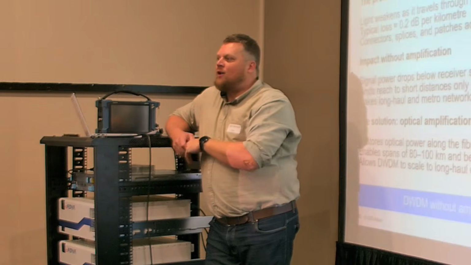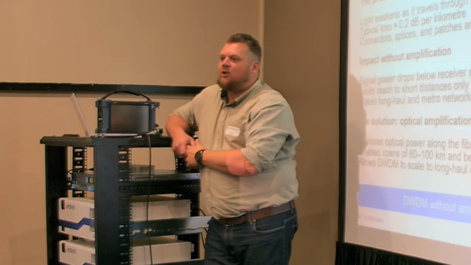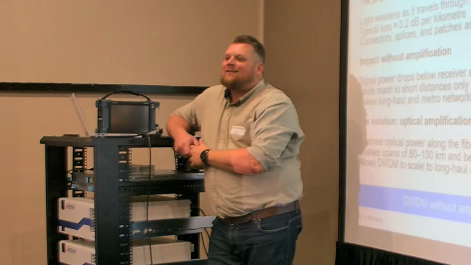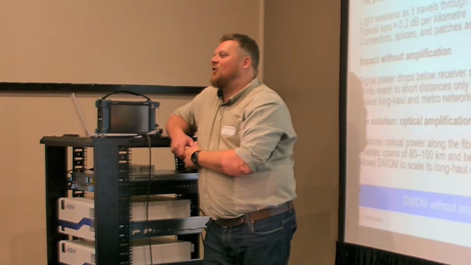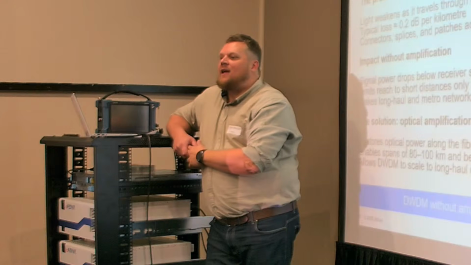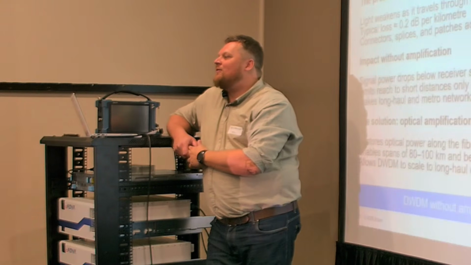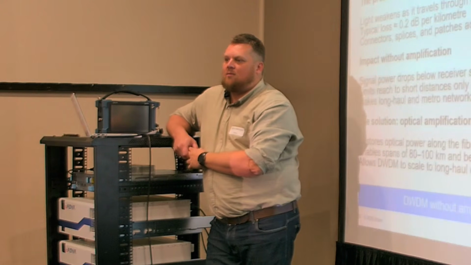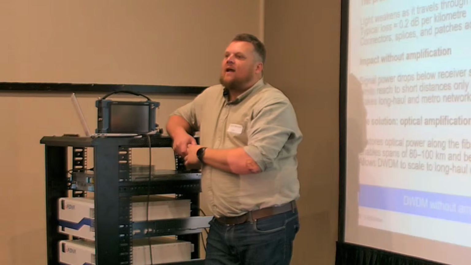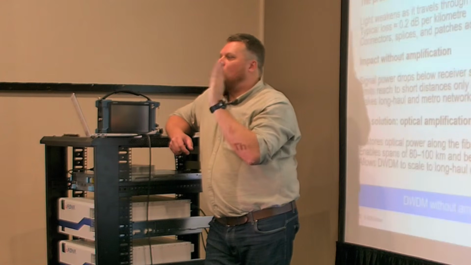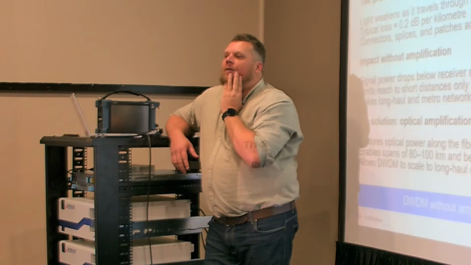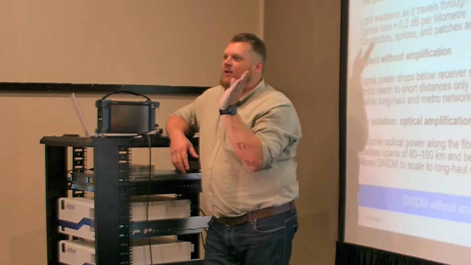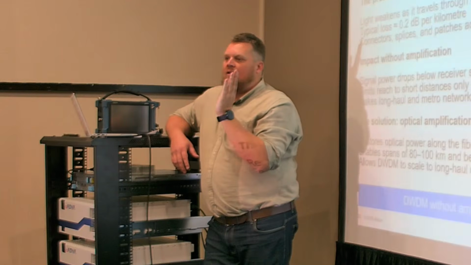It has got a little bit to do with power. So if they say 40 kilometers, and 10 kilometers, they mean at 0.25 dB per kilometer. So in totality, 2.5 dB total power. That optic can launch at, let's say, 0 dB, and it will have a sensitivity of 1 dB each direction, right?